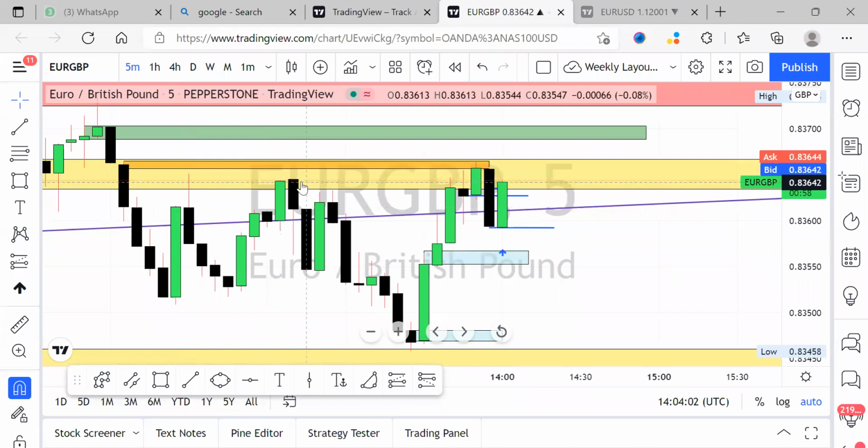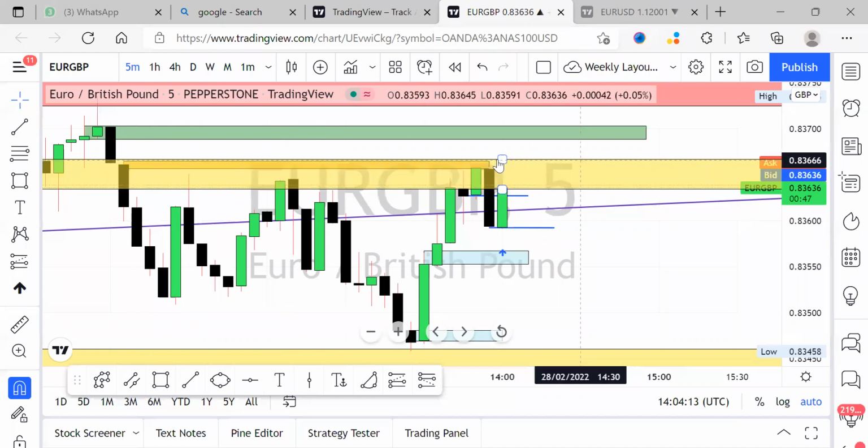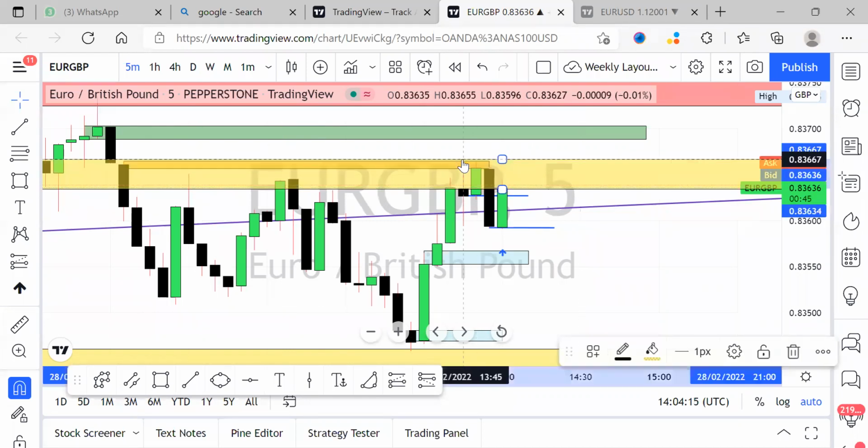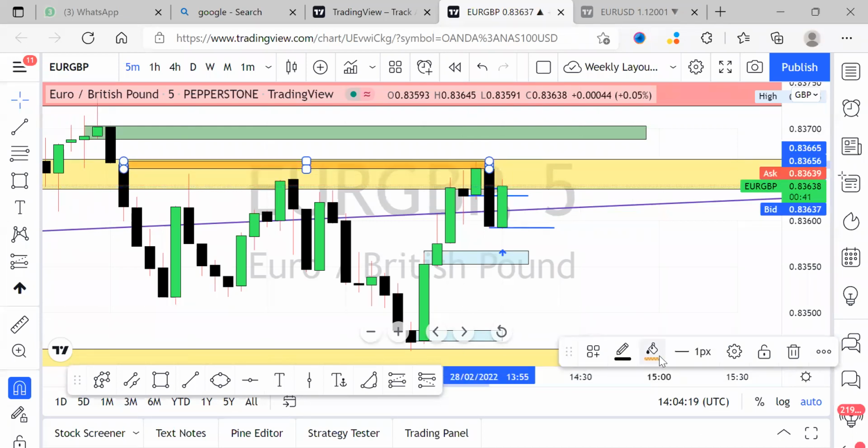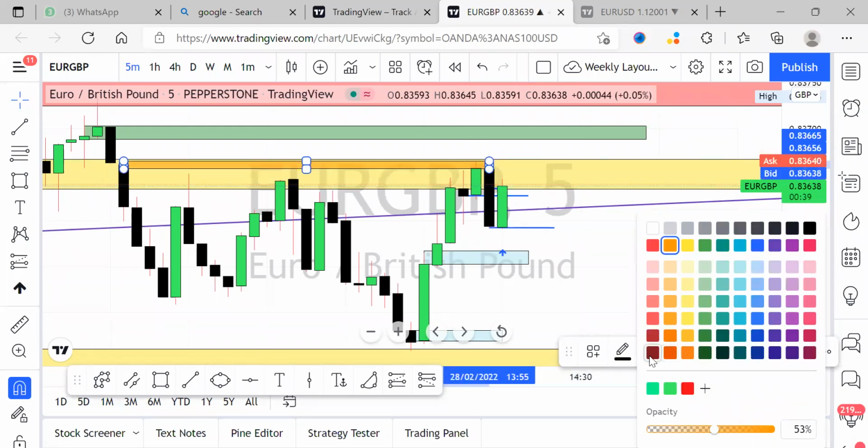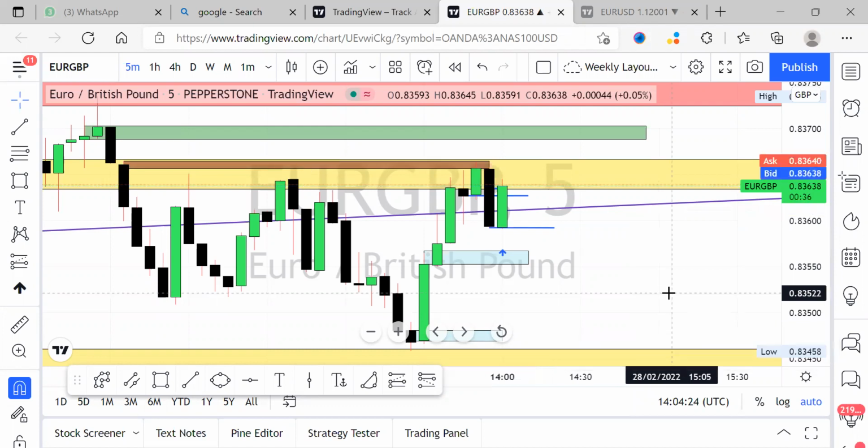The retest would tell you that this is a confirmation that this zone is valid, as long as this particular yellow zone hasn't been broken. And if you look at the overall orange zone here, that zone itself hasn't been broken yet, so no price has gone above it.